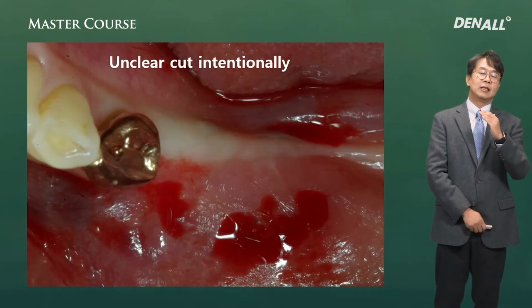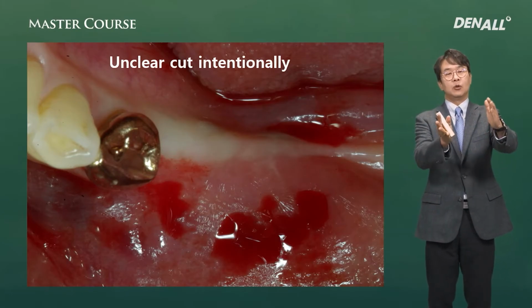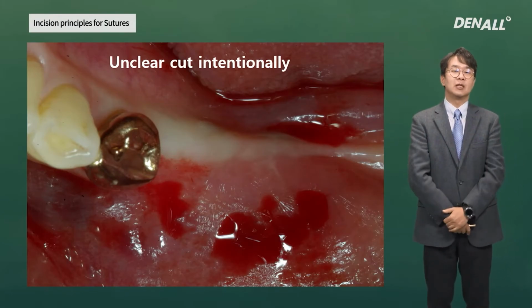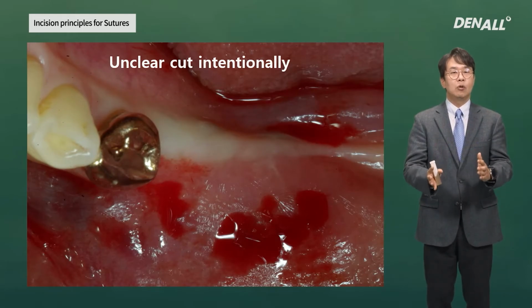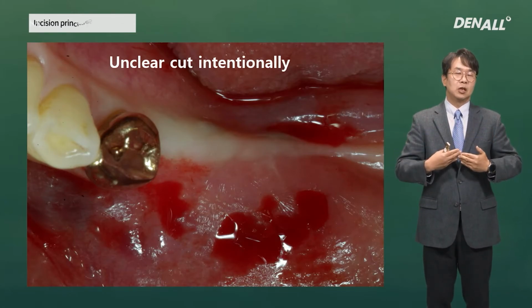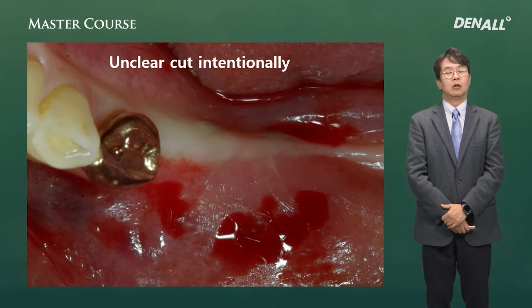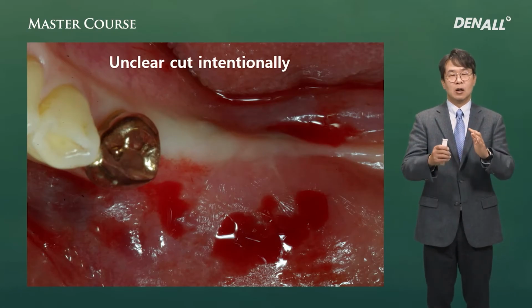Intentionally, we can use this procedure not to cut the periosteum. The remaining keratinized gingiva is very narrow, so we try to leave the keratinized tissue and move it buccally. So it is not cut clearly, intentionally.